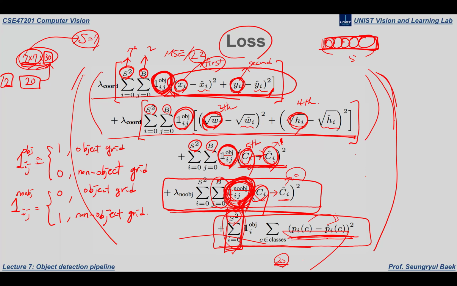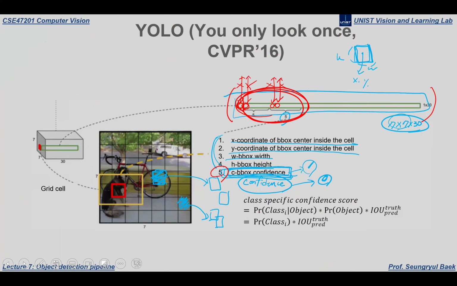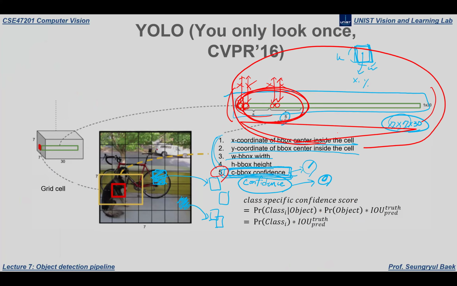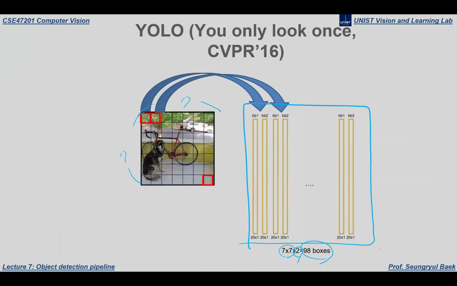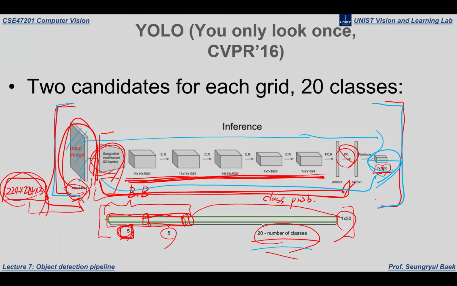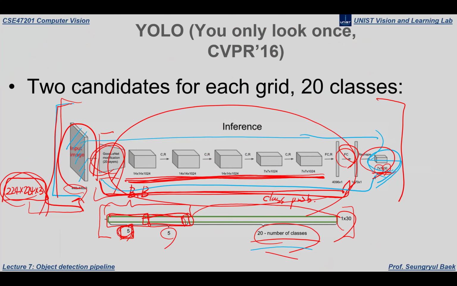I don't know why, but it still works. So this is the loss function that supervises this vector to be properly estimated from each grid. Are you understanding this? It looks complicated, but it is indeed doing the same thing we have learned. They apply gradient descent with the ground truth and train the entire network for object detection.